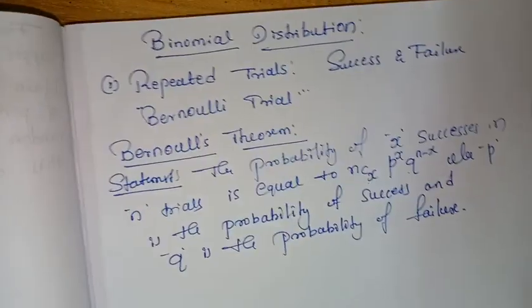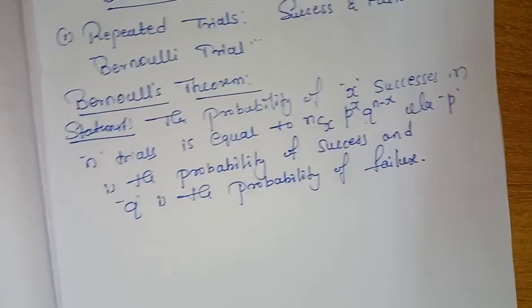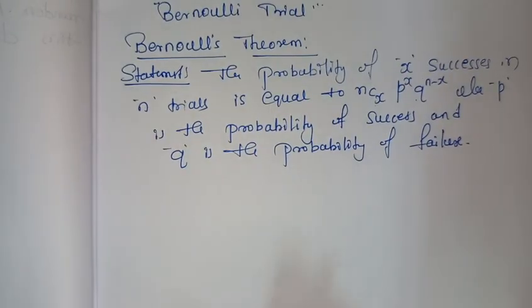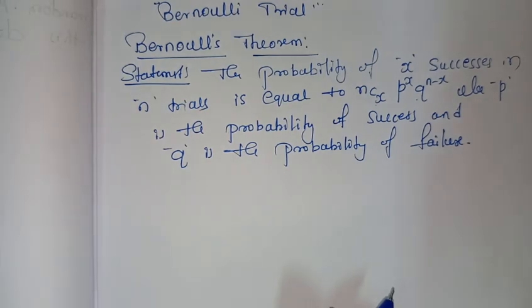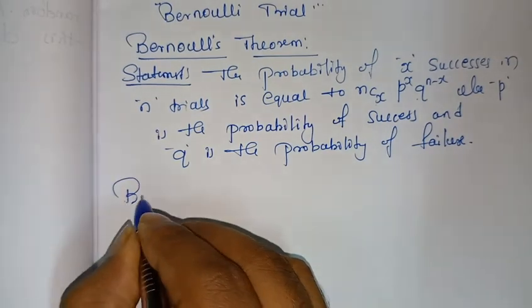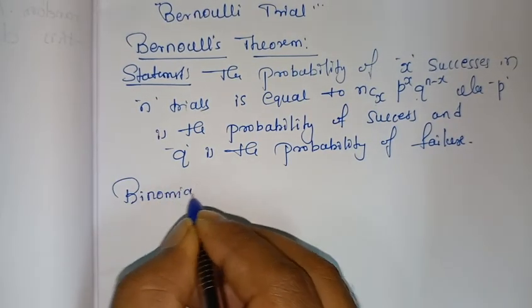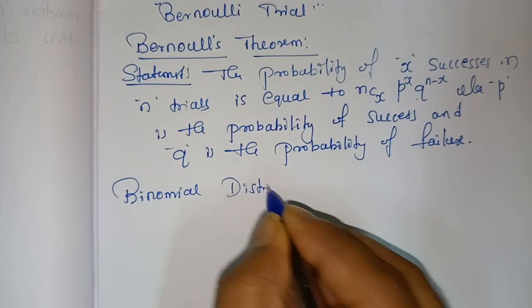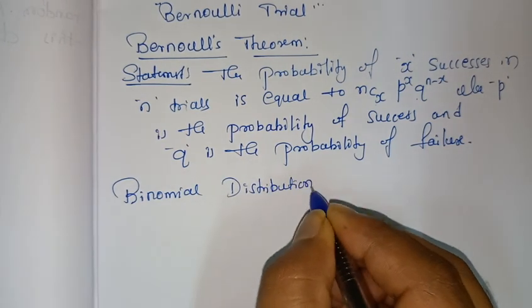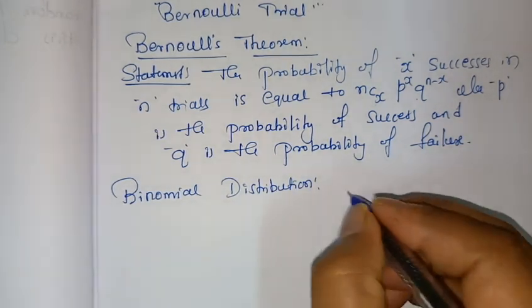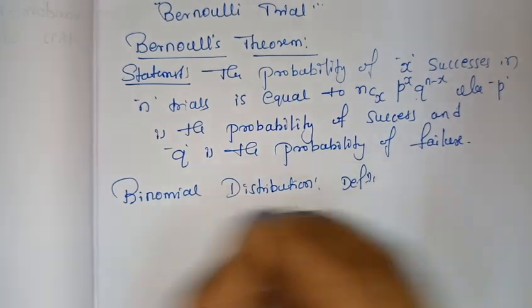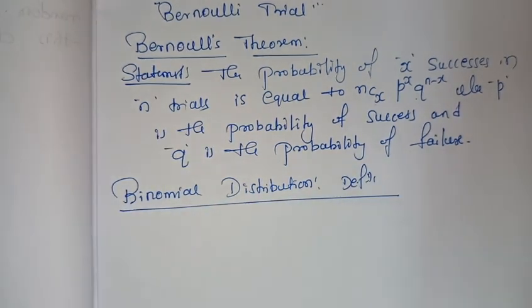What we're going to study in this video is the binomial distribution definition, then the mean of the binomial distribution, and the variance of the binomial distribution. First, the binomial distribution definition or statement, whatever you call it.